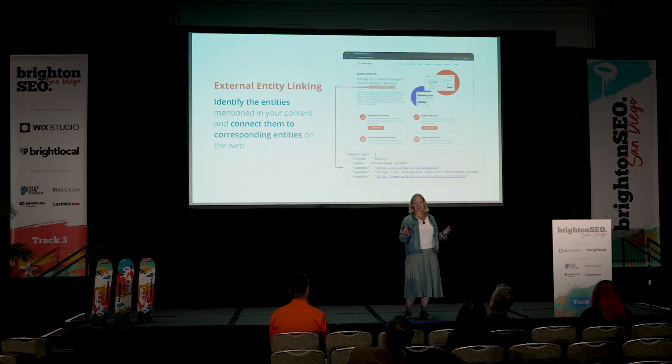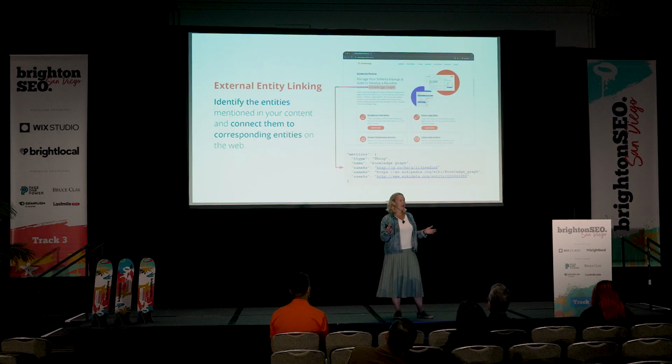In this case, we're talking about mentions. So our platform mentions knowledge graph. Well, of course, that's something that our platform is all about. We're a semantic technology company. And so this external entity linking is really using external definitions to describe things that are important to the brand with the accurate relationship, giving context to that relationship.